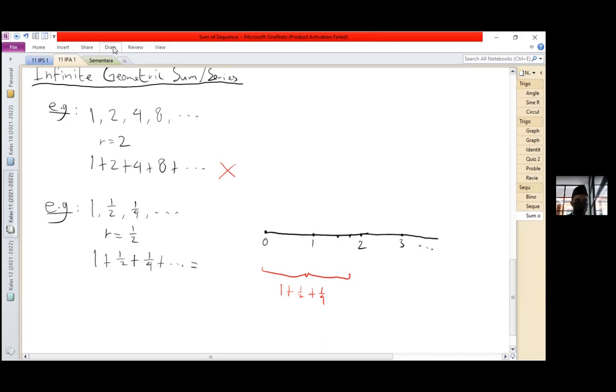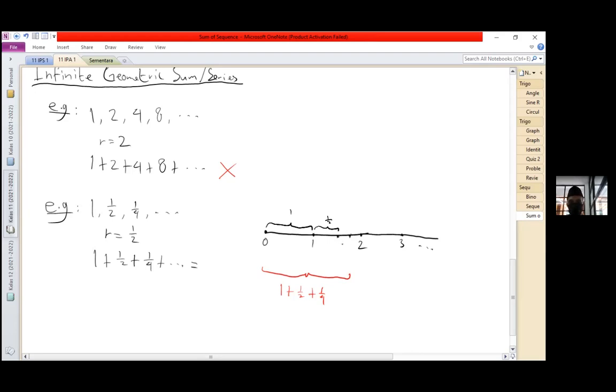Every time you add a term, you start from 0 and you add 1, and then next you add 1/2. So when you add 1, you cover half the length from 0 to 2, and then the remaining length is from 1 to 2. And when you add 1/2, you actually cover half the length of the remaining one.